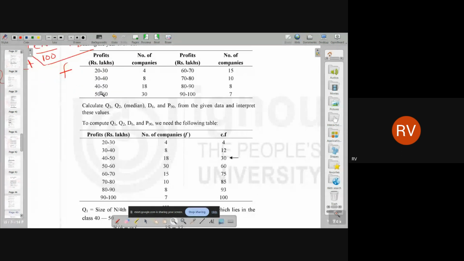For example, here data is given. Calculate Q1, Q2, D6, P9 from the given data and interpret these values.